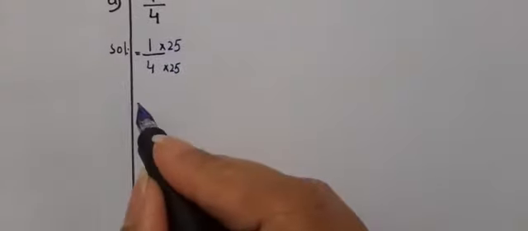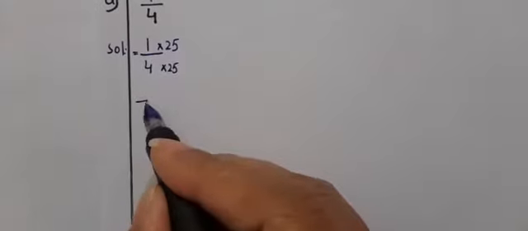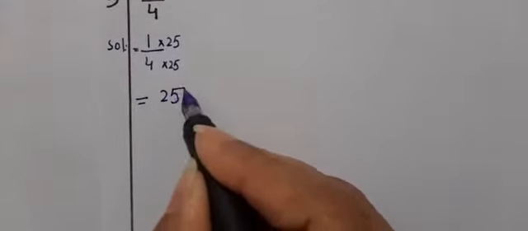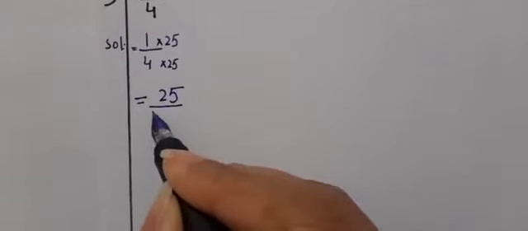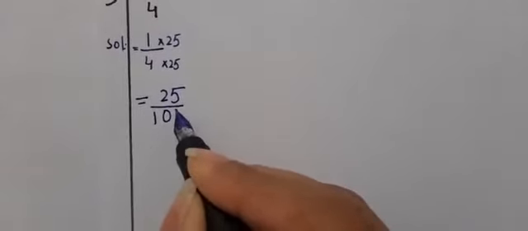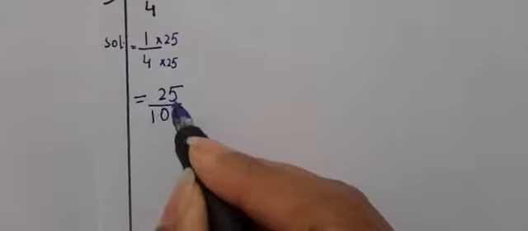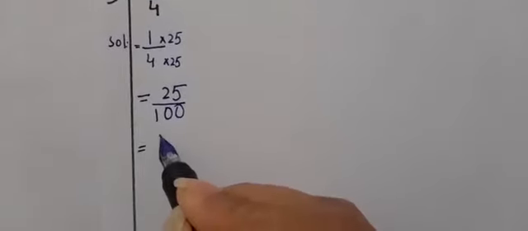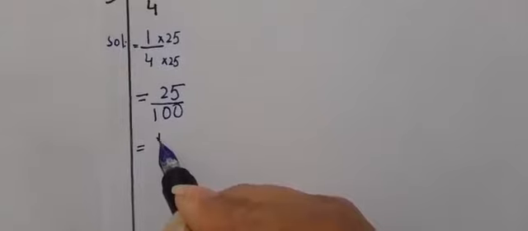That is our next step: 25 over 100. And as you can see, 100 has 2 zeros and there are 2 digits above, and now I can make it a decimal number.